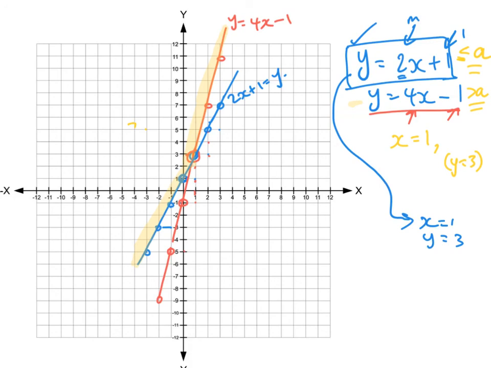So what I'm going to do here is label the entire function as y equals 2x plus 1, where x is less than or equal to 1. And y is also 4x take 1, where x is greater than, not equal to, just greater than 1.